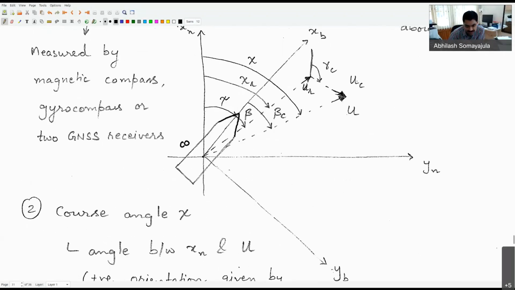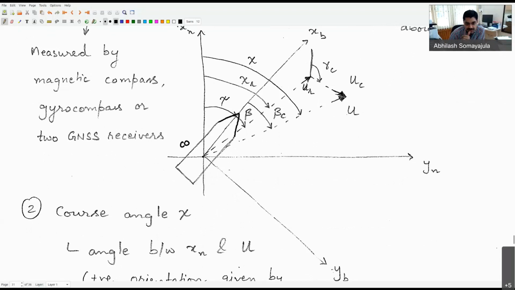I think I have messed up a little bit here. This picture is a little wrong because by our convention, the z-axis should point downwards, isn't it? Oh, it is correct. Sorry, my bad. So the y-axis is pointed out perpendicular to the starboard side, and the z-axis will be pointing down in this particular case.